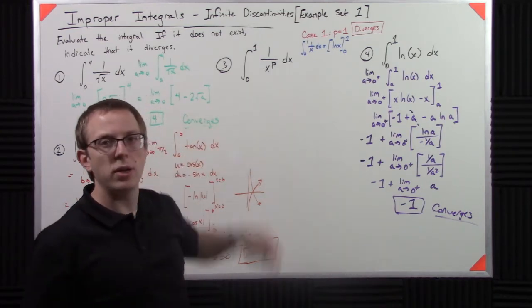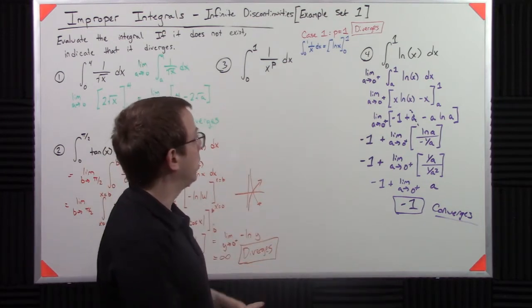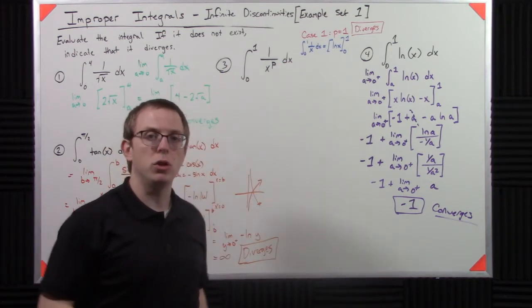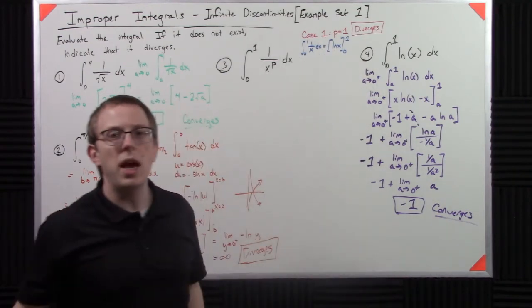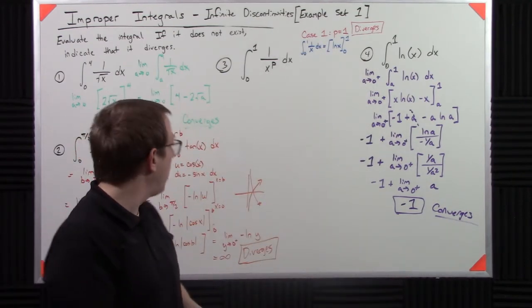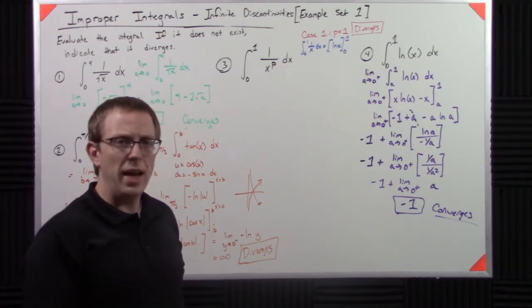Let's take a look at the case where p is less than 1 here. But before we do that, let's write out a general rule. If it's not the case where p equals 1, we have a standard antiderivative.